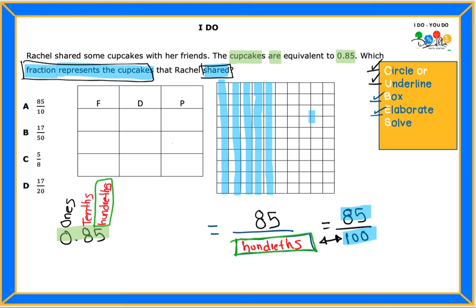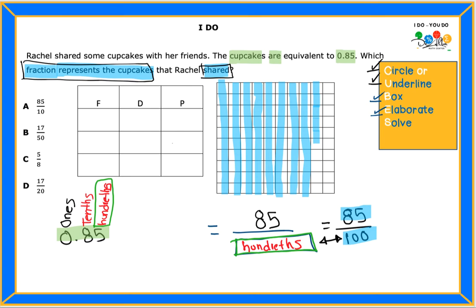Now 50 hundredths, 60 hundredths, 70 hundredths, 80 hundredths, and we can only highlight 5 of this. 1, 2, 3, 4, 5. And this is how 85 out of 100 looks. We didn't color in these 15 units.